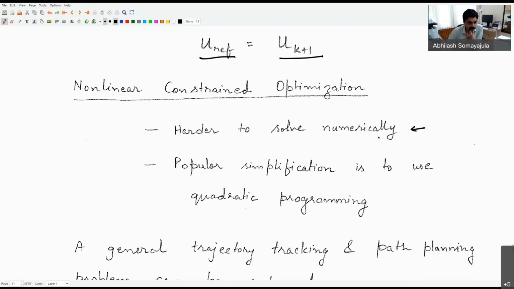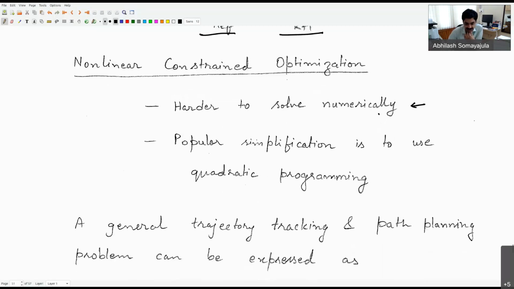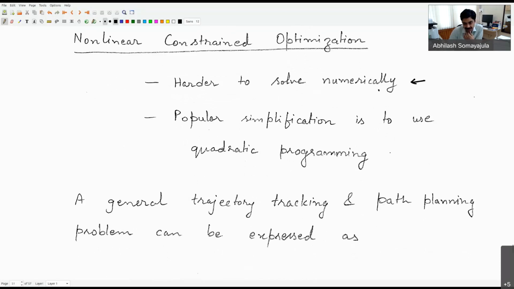And we'll look at only one such simplified version of it, which is called quadratic programming. We are not going to delve into how quadratic programming problems are actually solved, but we are only going to set up our problem as a quadratic programming problem, and we'll use typically some Matlab or some standard toolboxes to set up the problem and solve it in order to get our trajectories or paths.